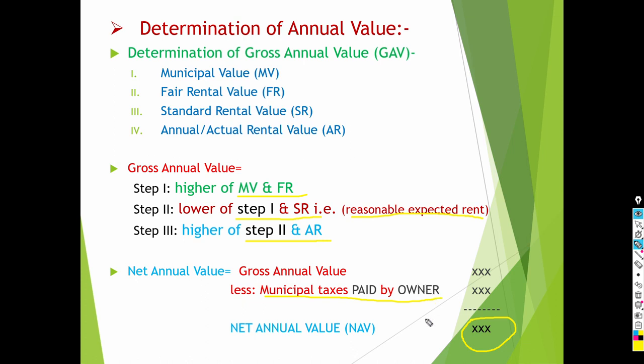This point is very important for students to remember. Only municipal taxes paid by the owner can be deducted from the gross annual value. Then you will get the net annual value. Is it clear? This is the simple process of determining the annual value of the house property.